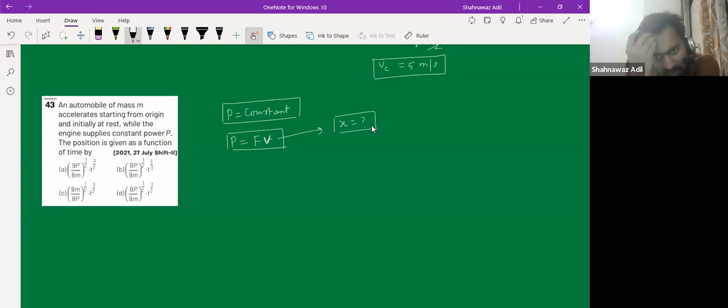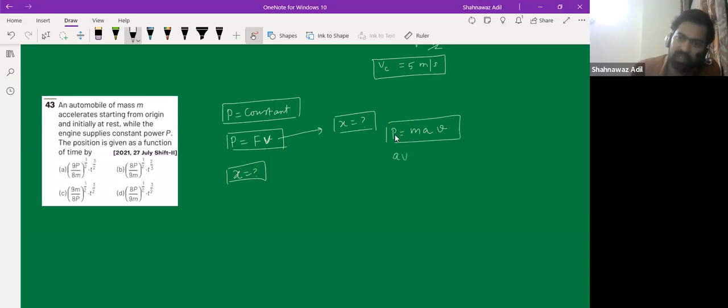So yeah, use this relation and tell me what would be the A for x. Remember that this is a constant. F is ma, and then you have this v, right? So your AV is simply P by M. And A is how much?